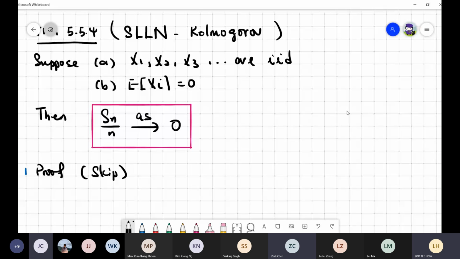You just need to apply this theorem without proof. Again, there's only one important hypothesis, which is that the variables are IID. When the mean is not 0, you just need to replace 0 with the mean. So in general, if you put the mean here, that will be the mean. That's the only thing you need to know.